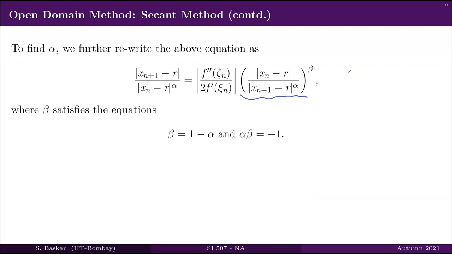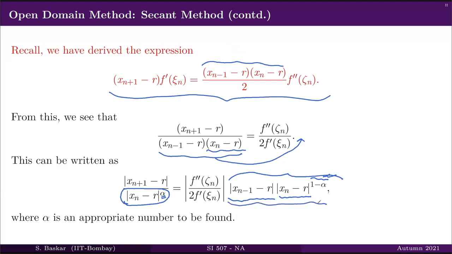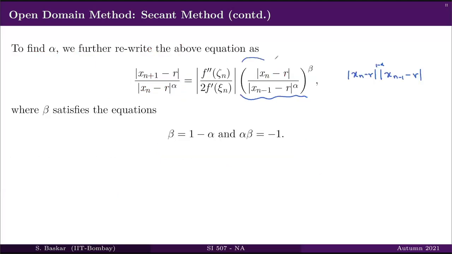If you recall, we had |x_n - r| into |x_{n-1} - r|, and there was a 1 - alpha power on |x_n - r|. That is what we had here, and that I'm writing in this form. Now you can see that this is nothing but |x_n - r|^beta. Therefore, my beta should be 1 - alpha in order to match these two terms.